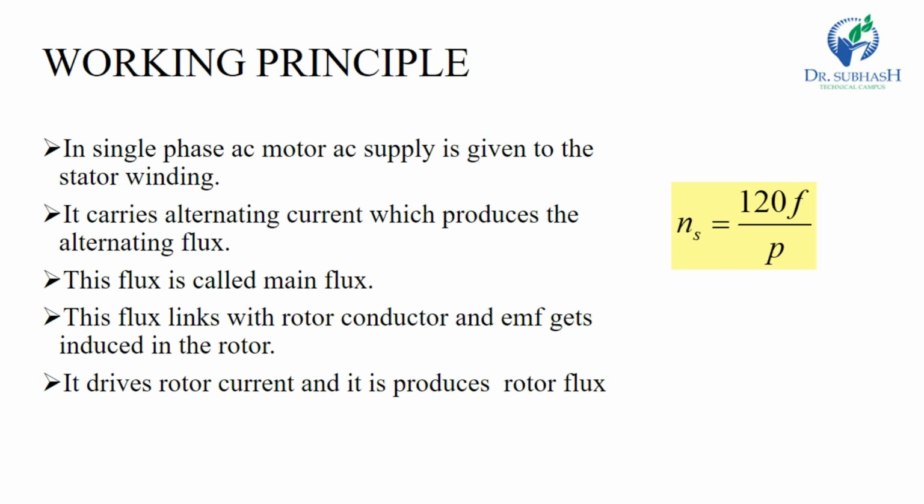The rotor current circulates, and this current produces its own flux, and due to the resultant flux a force is produced on the rotor conductor and the rotor starts rotating in the same direction as the rotating magnetic field.